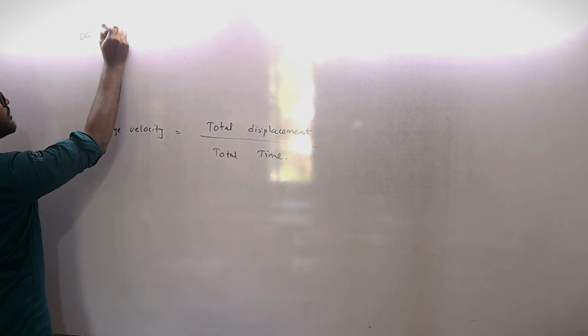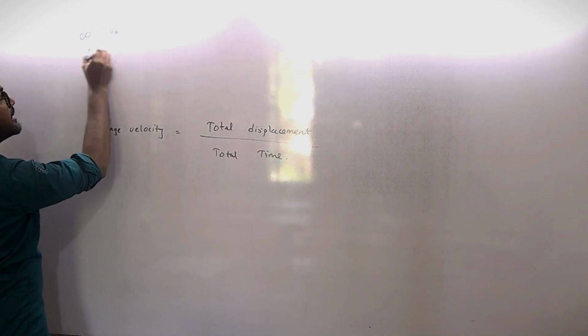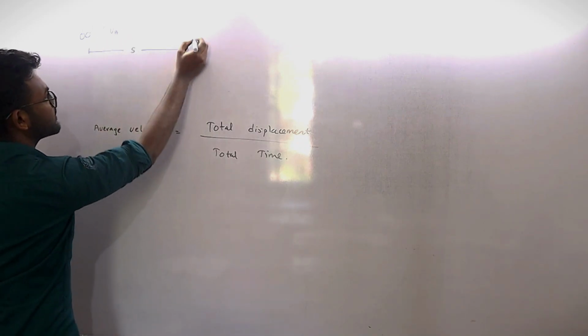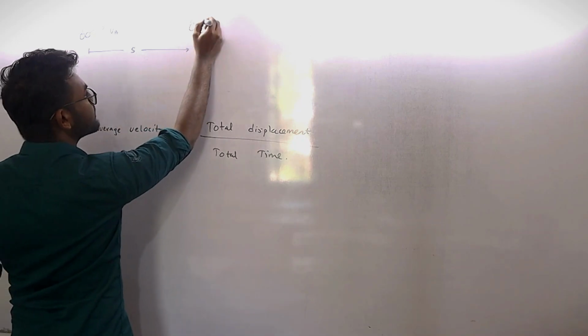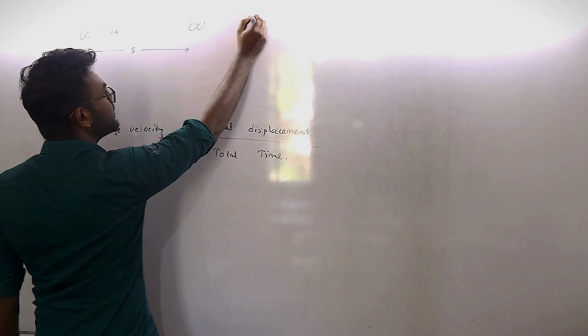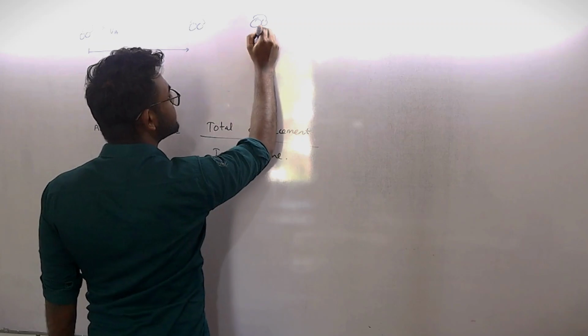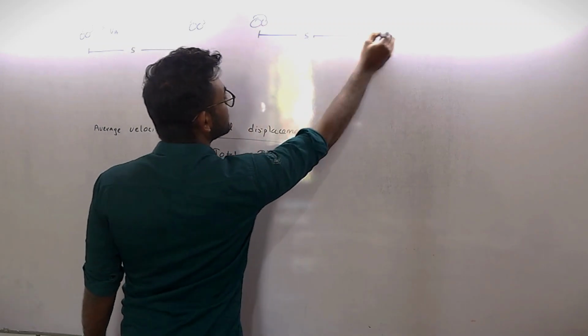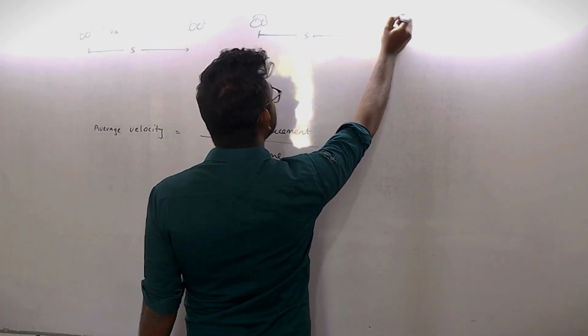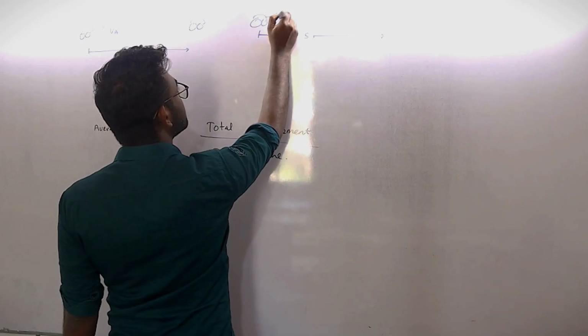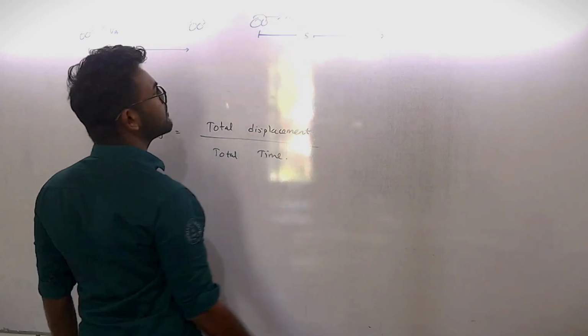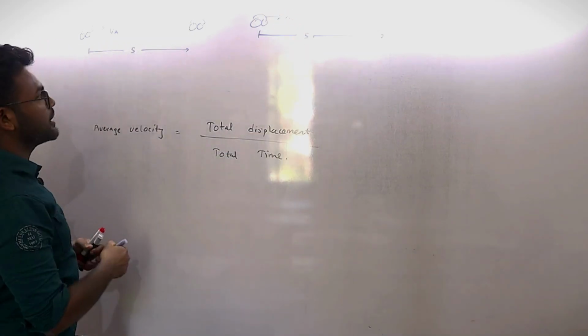Well, this guy is moving with the velocity va for a certain distance, let's say s, and maybe another distance, the same distance s, with the velocity vb, right?